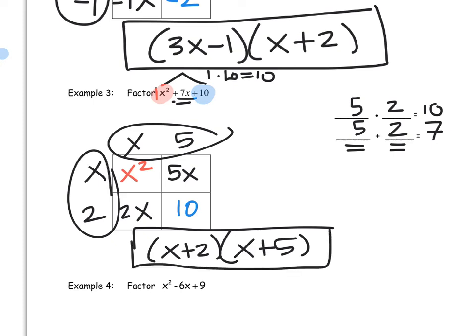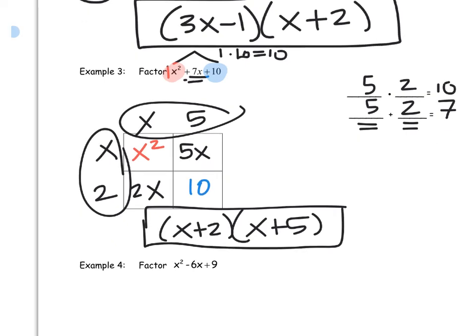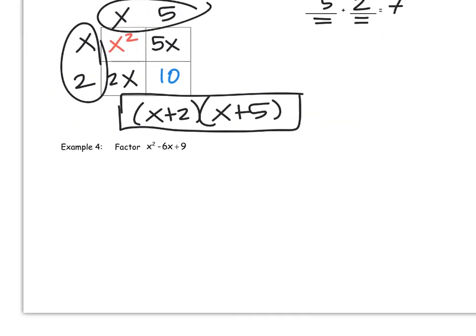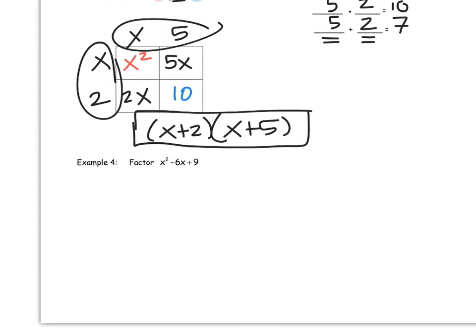All right, so one more example on this page. We have x squared minus 6x plus 9. I'm going to start by doing this little hat method, and I get 1 times 9. That gives me 9. Okay, so that 9 I use, and this time I didn't give you this little puzzle. You have to set it up on your own. What times what equals 9? What plus what equals, and we have to look at our middle number, negative 6.